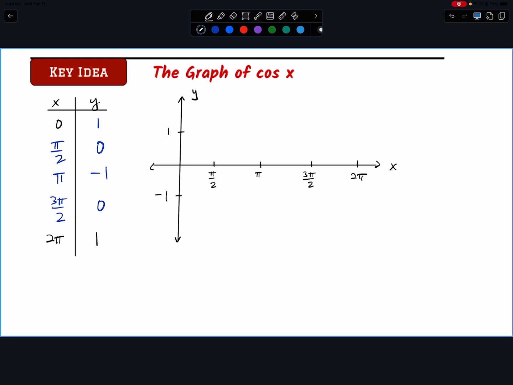So if I'm following my table, the first value for x is 0, and we get 1. The next value for x is pi over 2, and we get 0. And then we get -1, 0, and then 1 again.